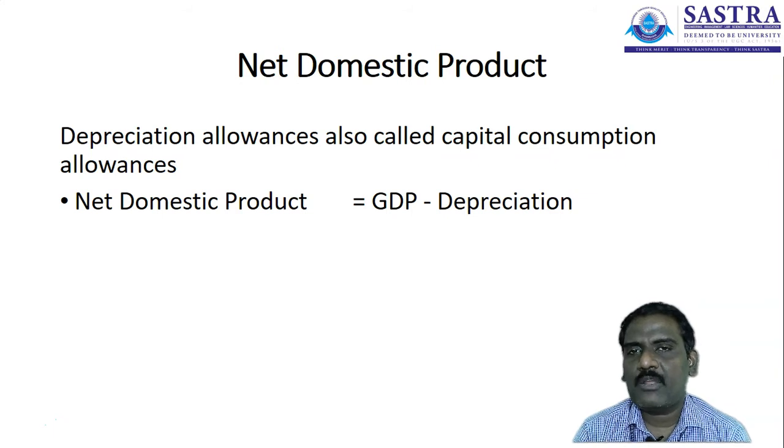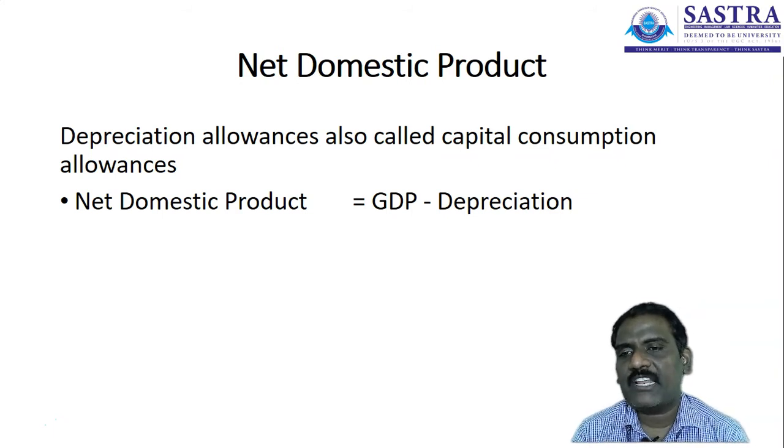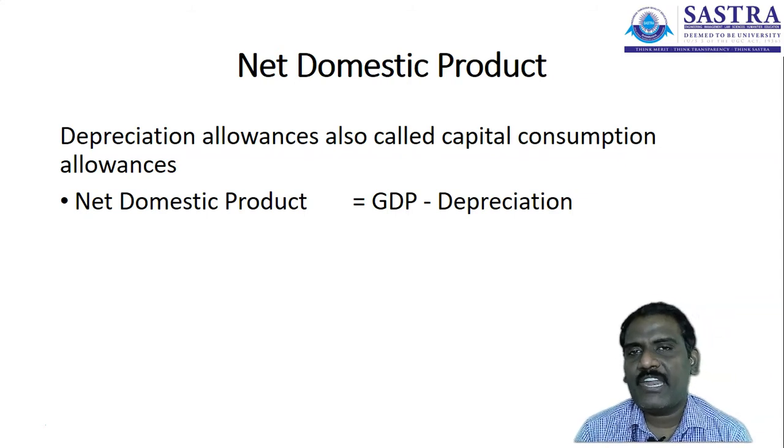The depreciation allowances are also called the capital consumption allowances. That takes effect in the net domestic product as well as the net national product. The depreciation has an impact on these two things. The net domestic product is calculated as gross domestic product minus depreciation.